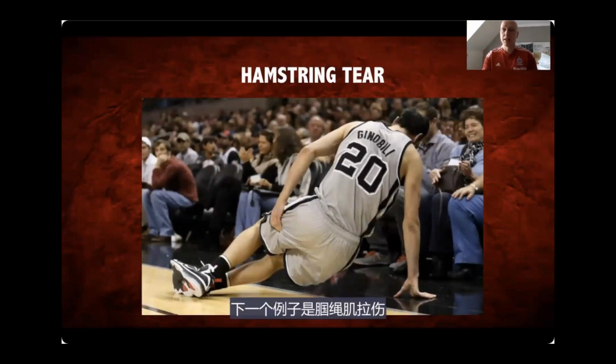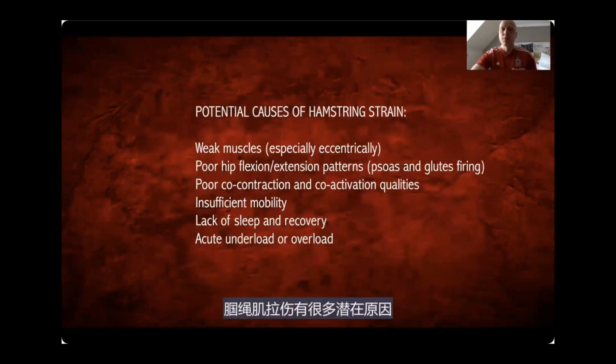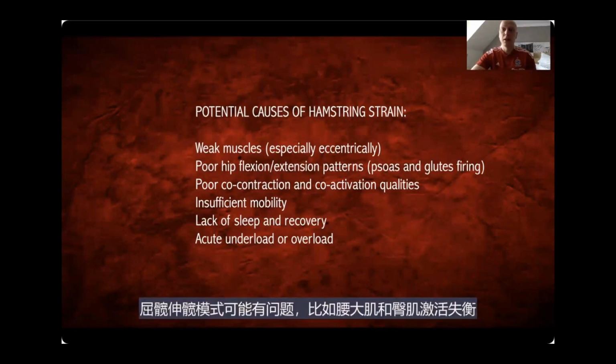Now, another example would be hamstring tears, and there are different potential causes of hamstring strains. We can have weak muscles, we can have poor hip flexion and extension patterns, such as firing of psoas muscles and glutes.